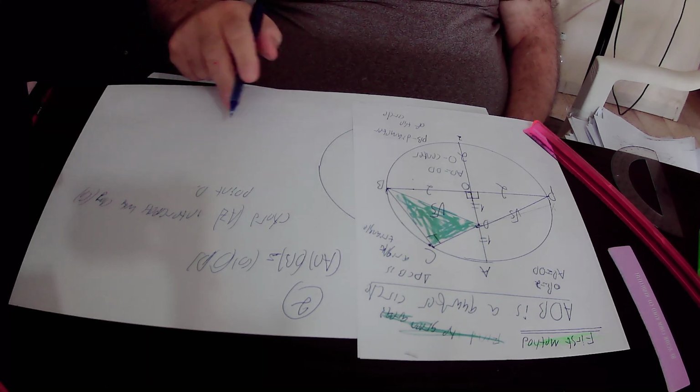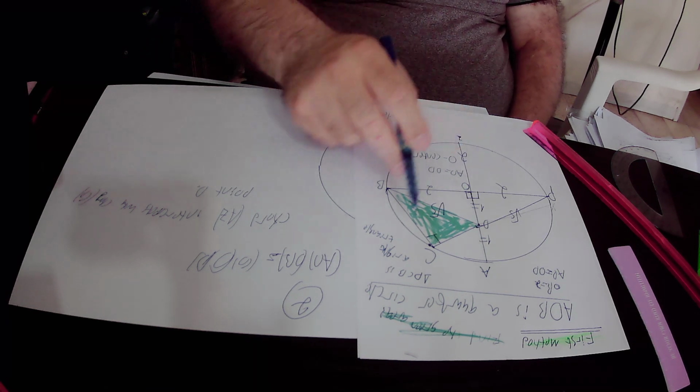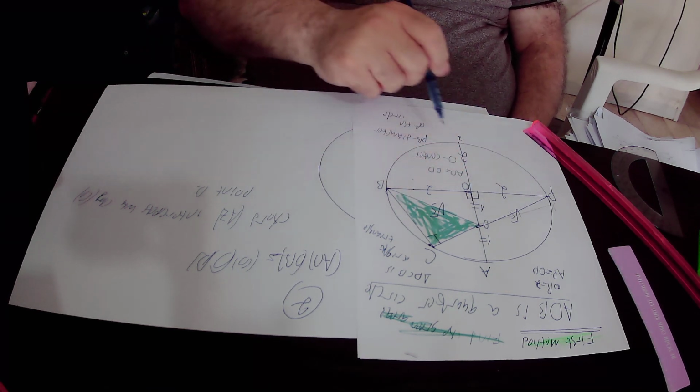Again, chord AZ intersects with chord CP at point D.